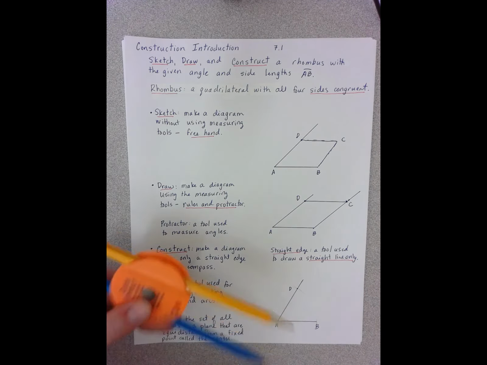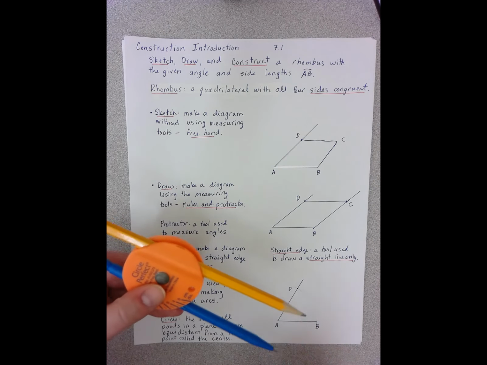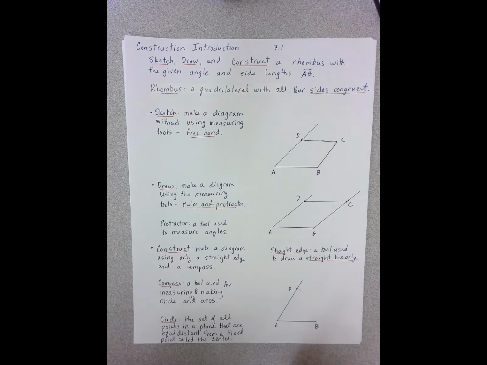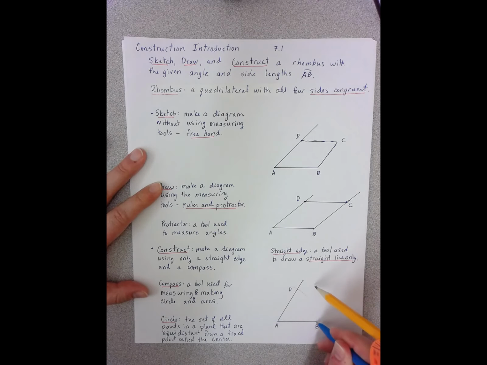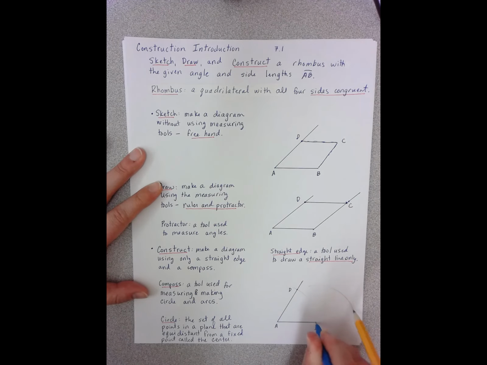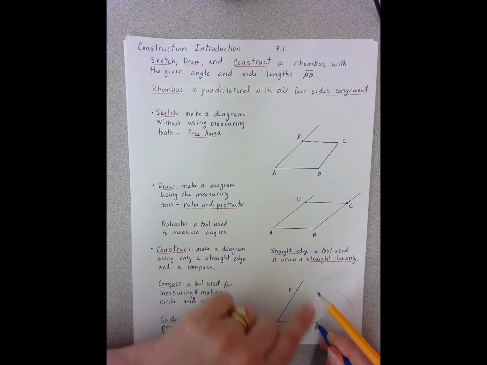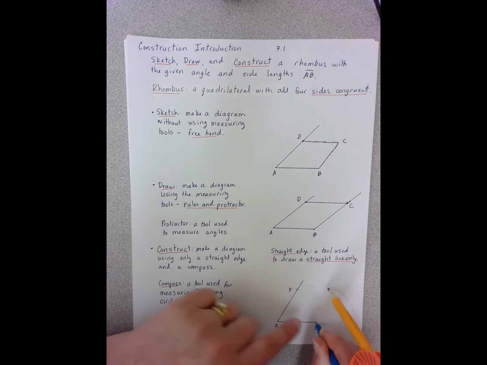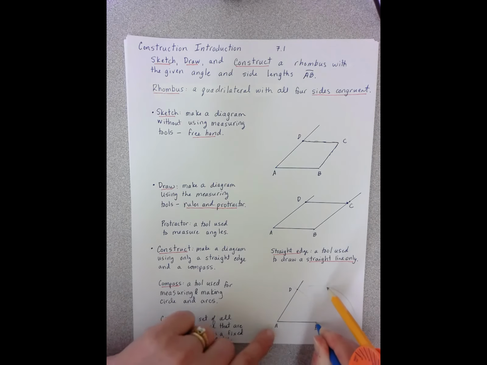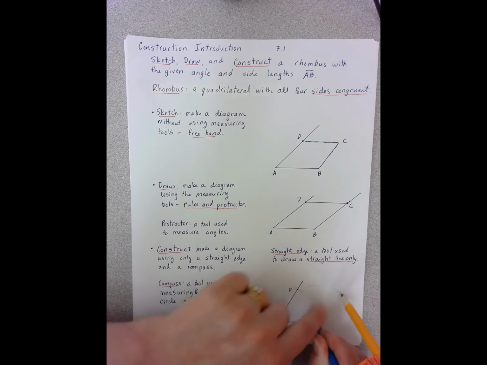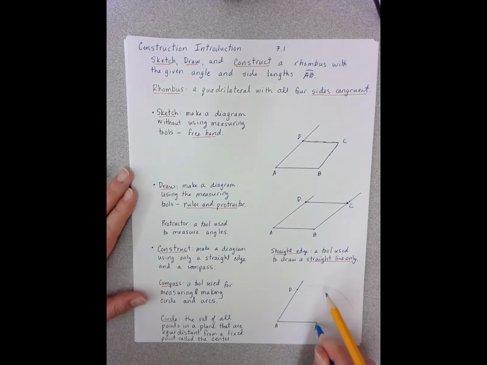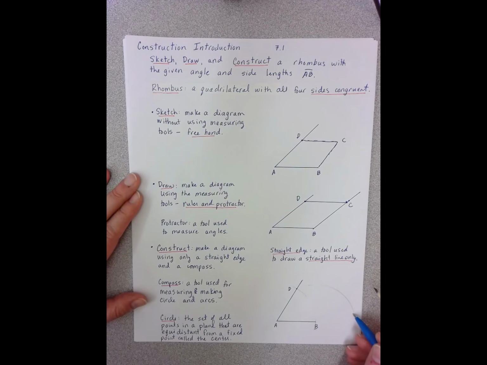And so again, I'm going to keep my compass the same opening because this is the length I want for my rhombus. So if I make an arc from B, I know that the distance from B to here is the same as A to B, and from here to B is the same as A to B, and from here to here is the same as A to B. So I know that my point C has to be somewhere on this arc.